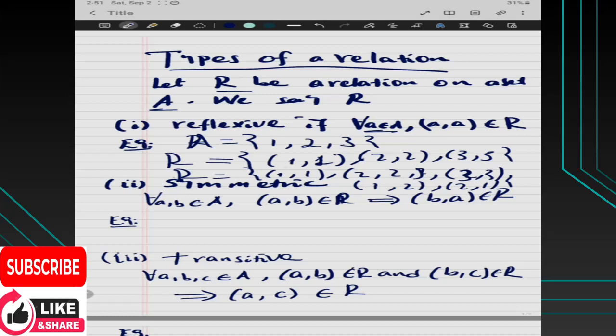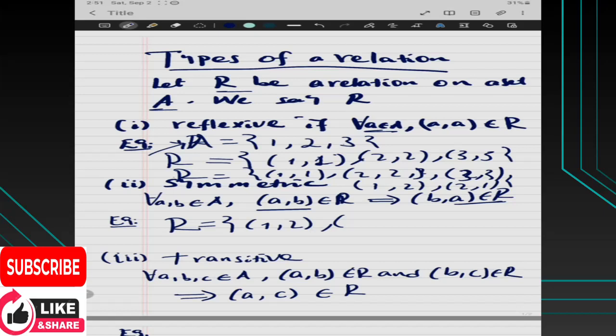We mean by a relation is symmetric if for every a and b in A, if the ordered pair (a, b) is in R, then the reciprocal or the inverse (b, a) should be in the relation. Assuming the set A contains 1 to 3, we have a symmetric relation R given by, let's say, (1,2).